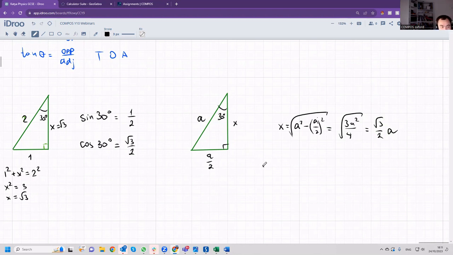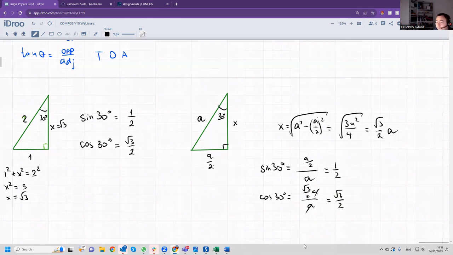If you do sine 30 degrees, it's going to be A over 2 divided by A, so this divided by that, which is a half. And cos 30 degrees is going to be square root of 3 over 2A over A, the A cancels, and we have square root of 3 over 2.